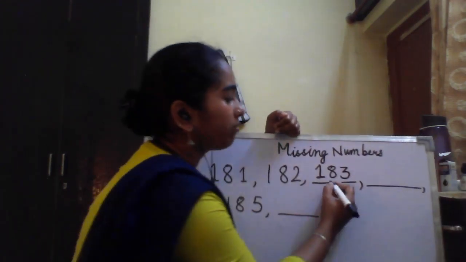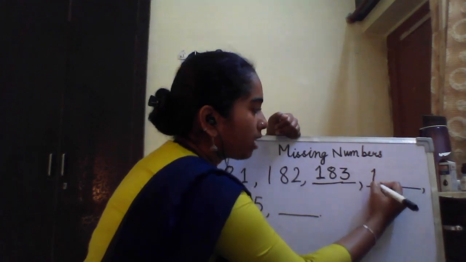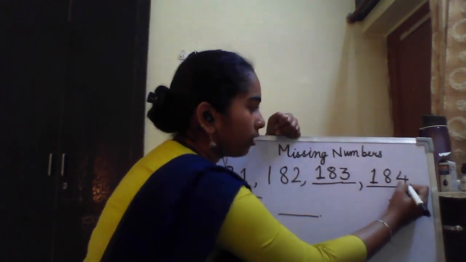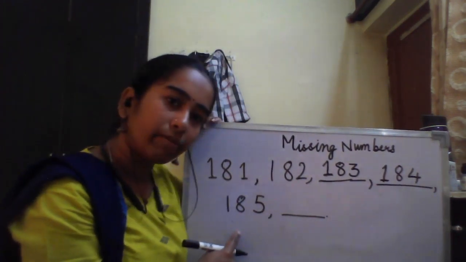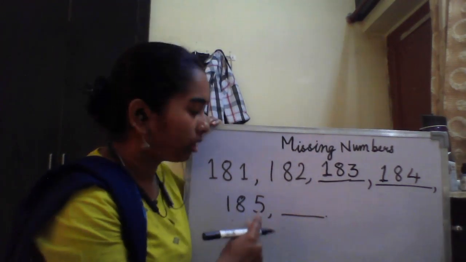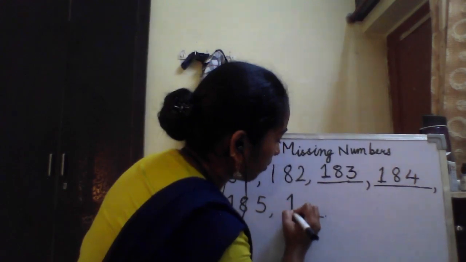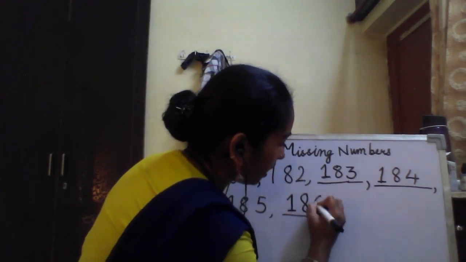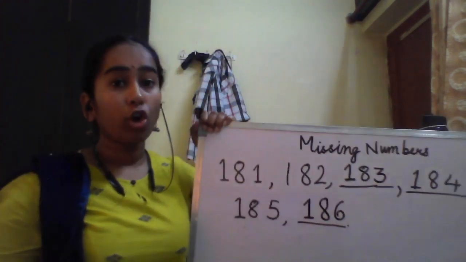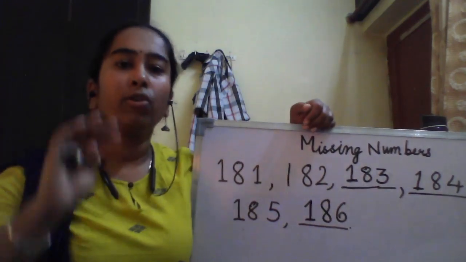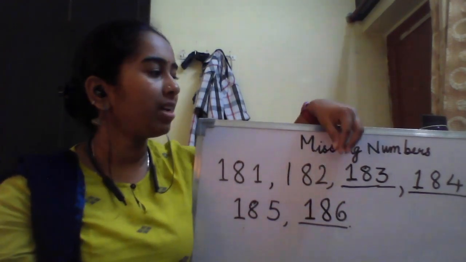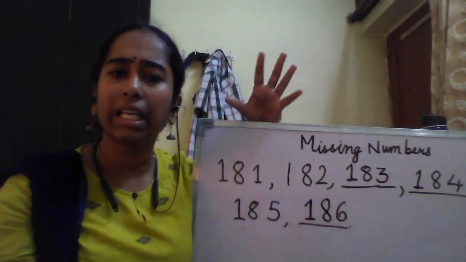What comes after 183? 184. Yes, 185 is written for us. What comes after 185? We have a dash here. Then what are we going to write? 186. So when you do the counting, when you read aloud, then you can write the missing numbers very easily.